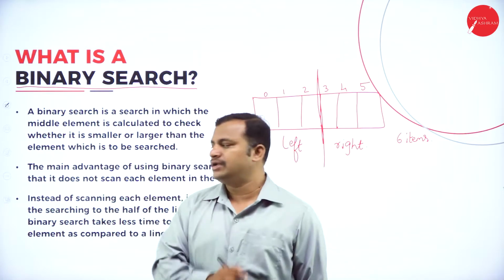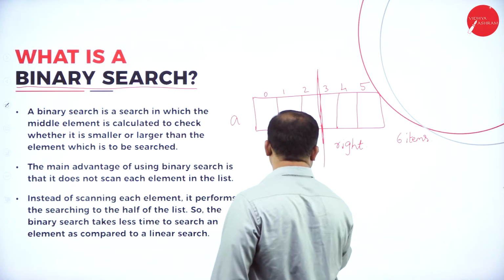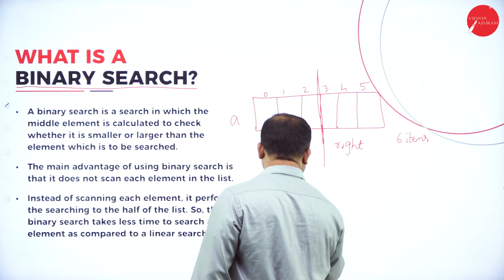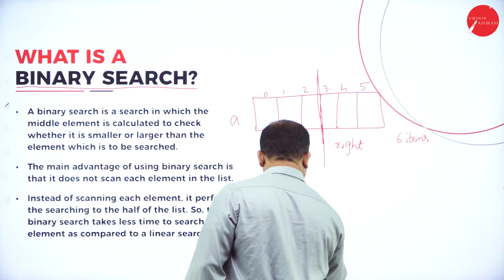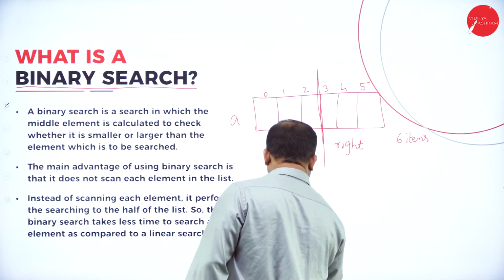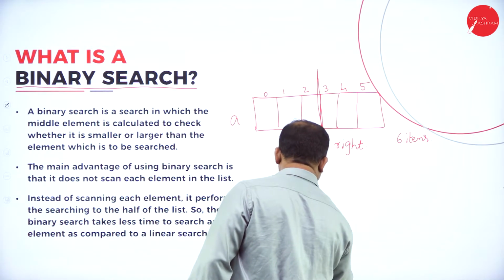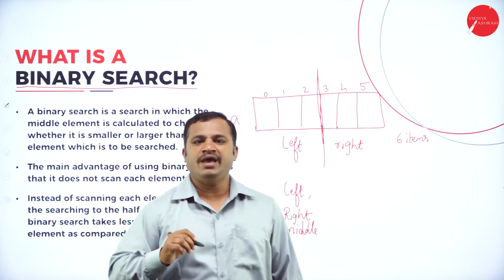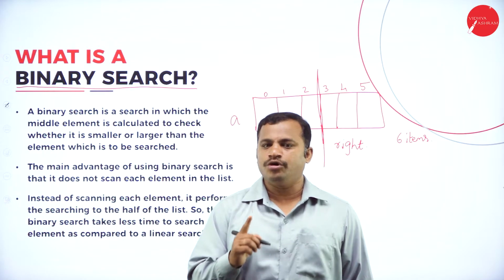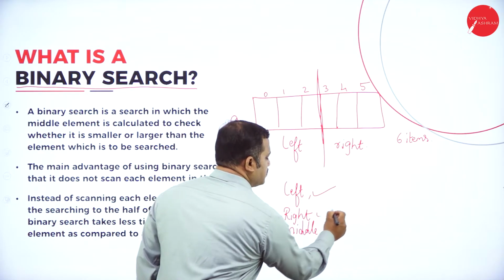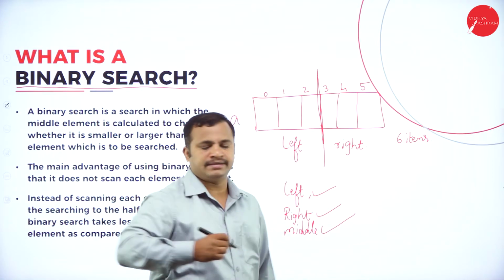The first parameter is left. The second parameter is right. The third parameter is the middle element. So one parameter is left, the other is right, and the third is mid.